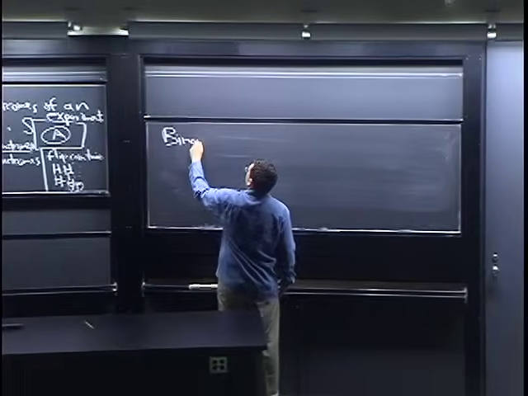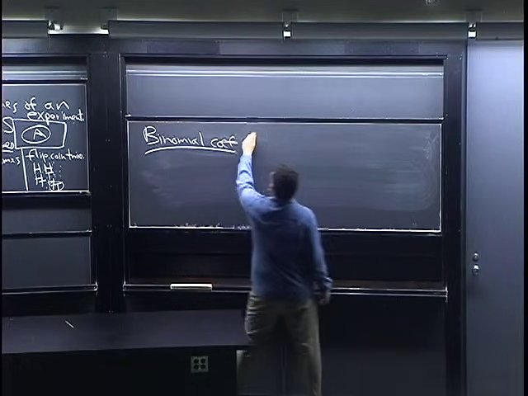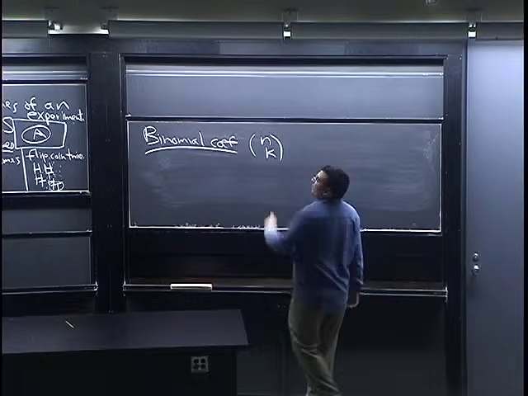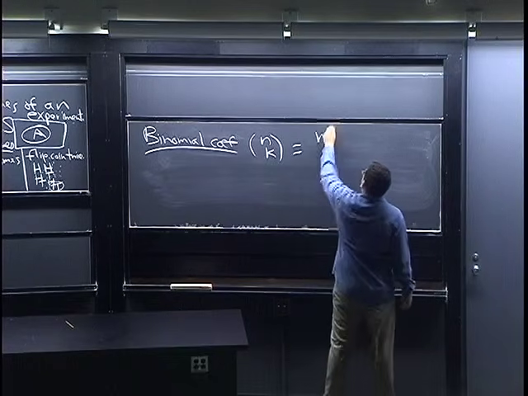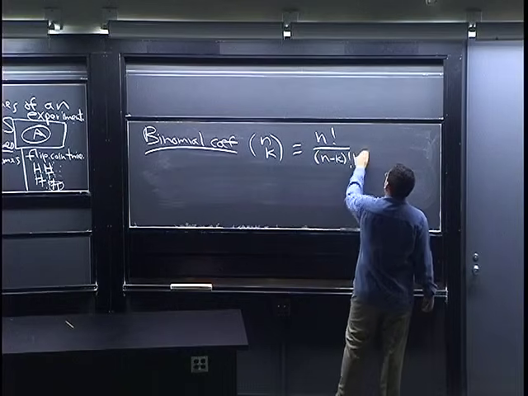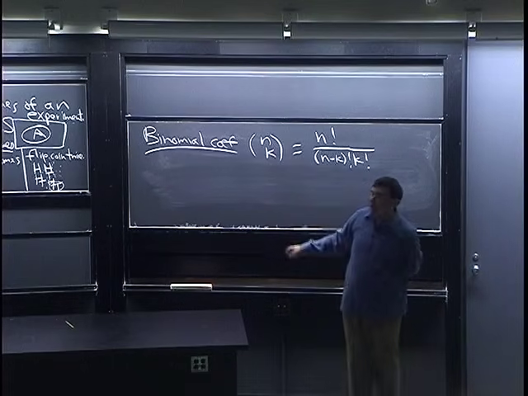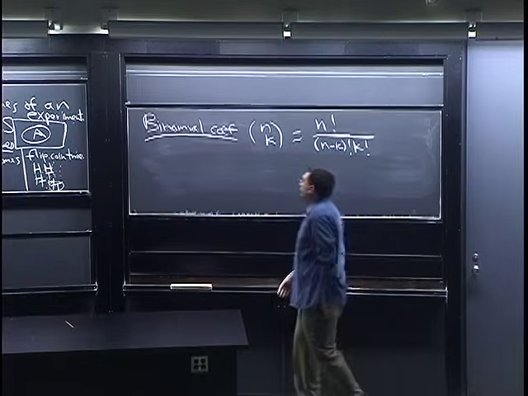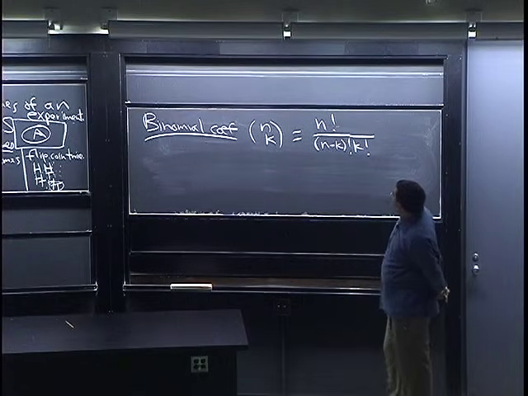This is called a binomial coefficient. It's pronounced n choose k and written like that. It's defined as n factorial over n minus k factorial, k factorial. I'm assuming you've seen factorials before, but if not, definitely make sure you know what factorials are.